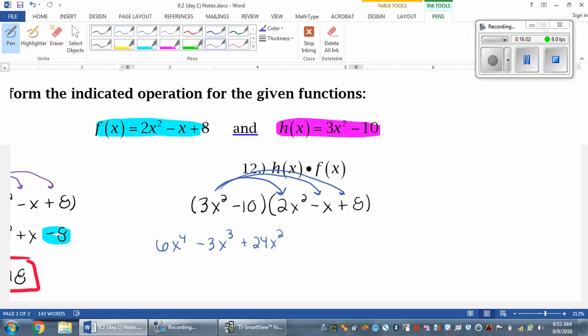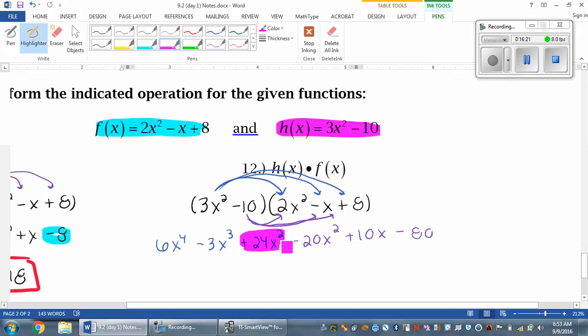Now we'll go ahead and distribute the negative 10. Negative 10 times 2x squared is negative 20x squared. Negative 10 times negative x is positive 10x. Also, negative 10 times positive 8 is negative 80. Go ahead and combine those terms. I have 24x squared minus 20x squared.